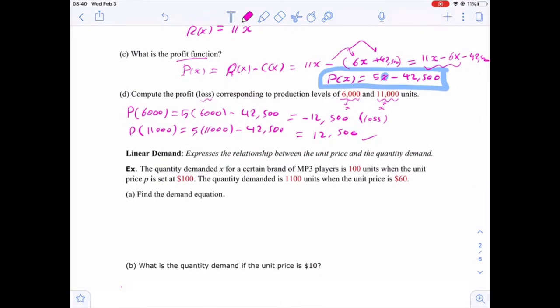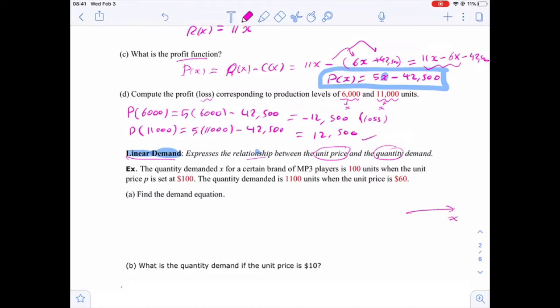Okay, now we have some important functions. They arise from different applications. The first function is called the demand function, and we will focus on linear demand. That means a linear function, because a demand function can be linear, can be quadratic, or can take many different forms. But here in this section, since we are talking about linear functions, we'll focus on linear demand. Linear demand expresses the relationship between unit price and quantity.